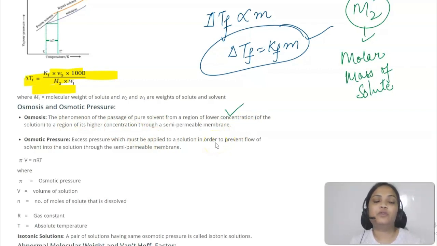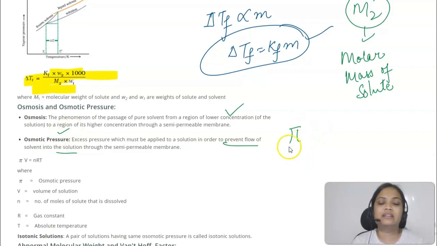But if we want to stop that movement, excess pressure must be applied to the solution to prevent the flow of solvent. So वो जो excess pressure हम लगाते हैं just to stop the flow of solvent from solvent to the solution is called osmotic pressure, जिसको हम pi से denote करते हैं and it is related to your concentration.